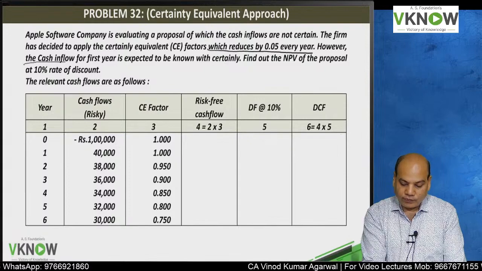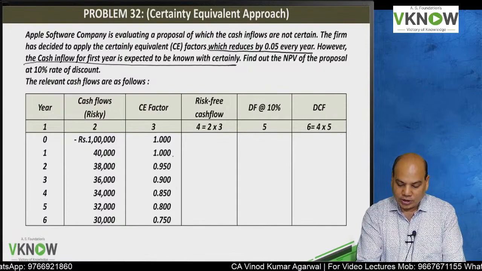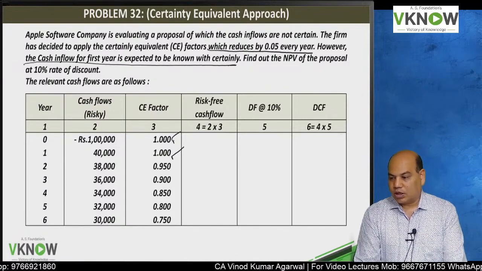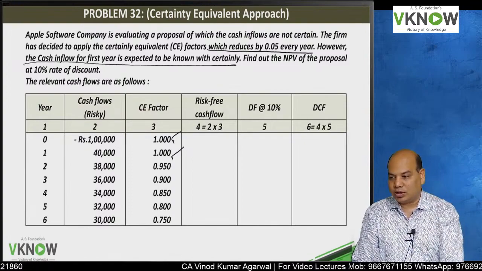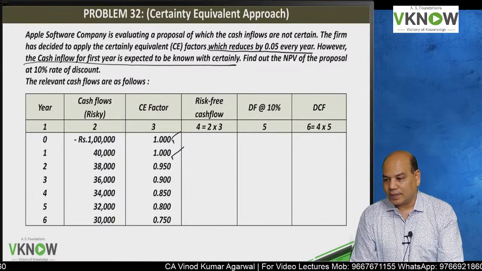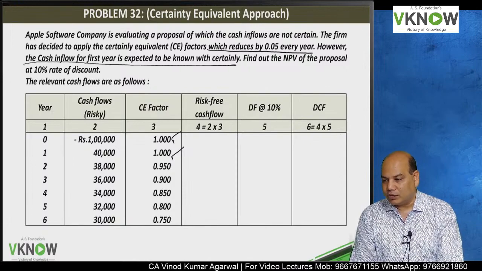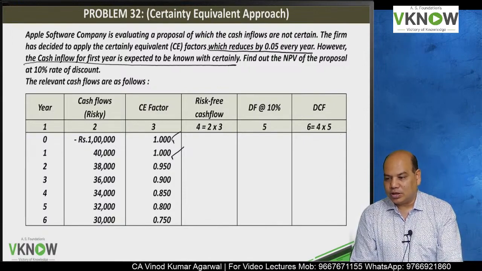However, the cash flow of first year is expected to be known with certainty. Cash flow of the first year is known with certainty means we will take 1. Find out the NPV of the proposal at 10% discount rate.